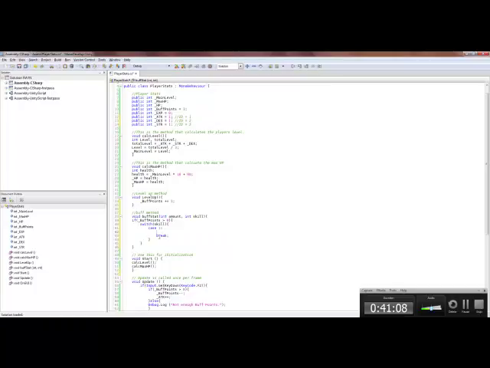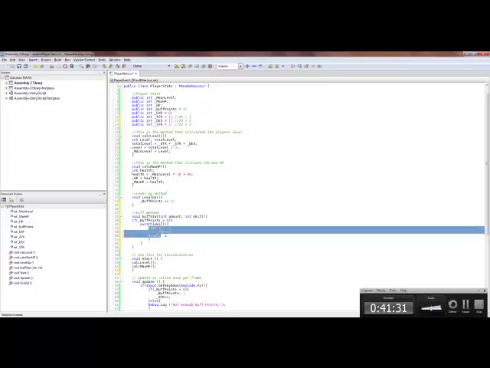Basically what this does is in between the case and the break is what's going to happen. We'll do attack plus plus.